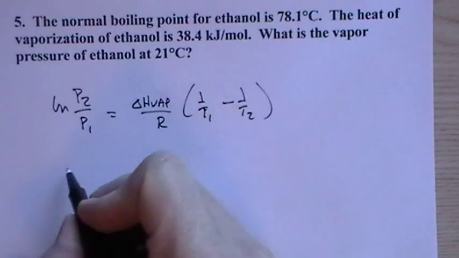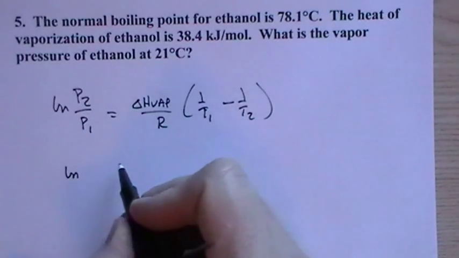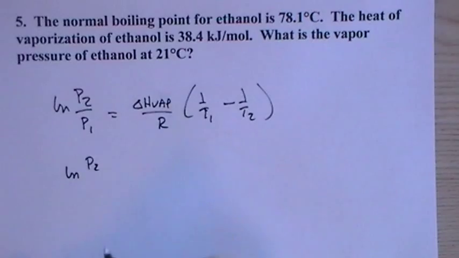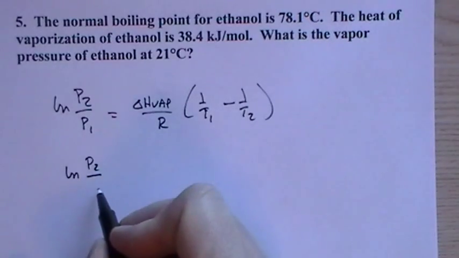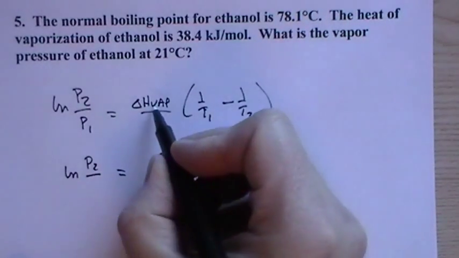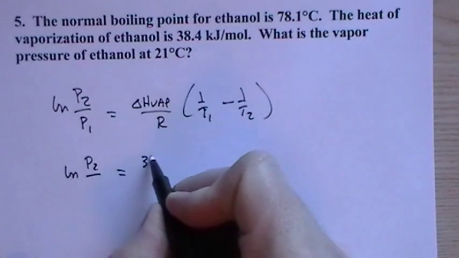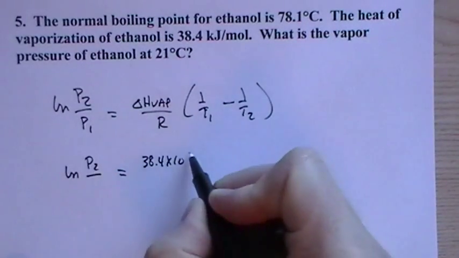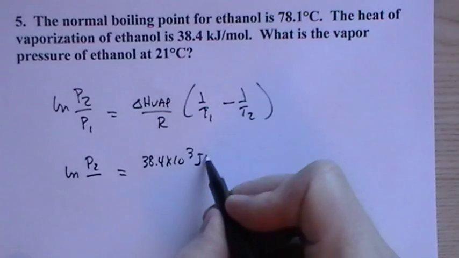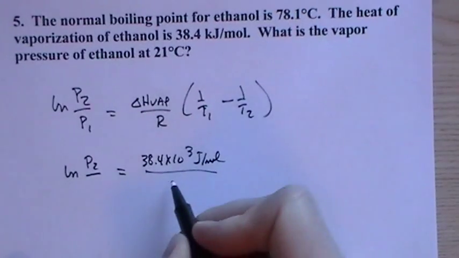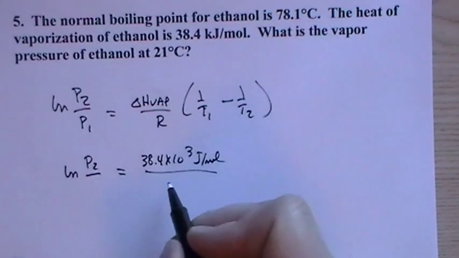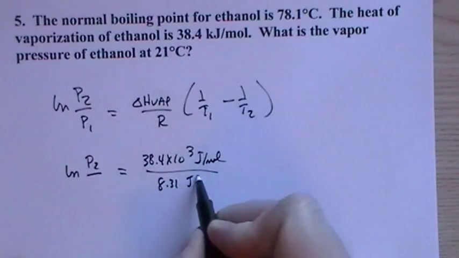Now, it doesn't look like when we do this out that we have enough information. We're going to say P2 is what is unknown, and it looks like we don't know what P1 is either. The heat of vaporization is 38.4 times 10 to the third joules per mole, and we need to have that because our R constant is going to be 8.31 joules per kelvin mole.